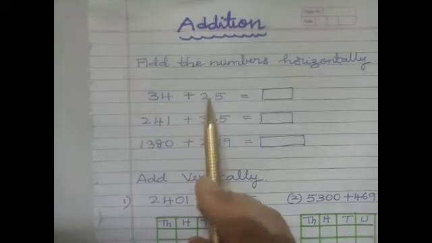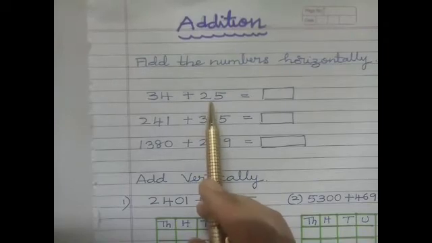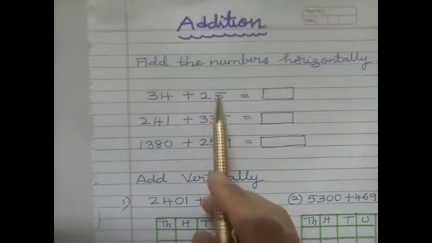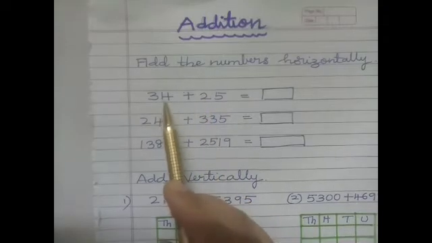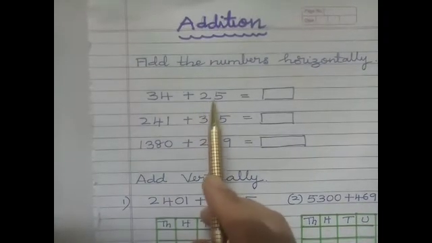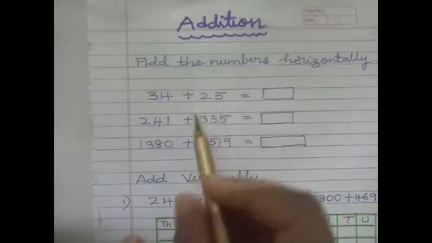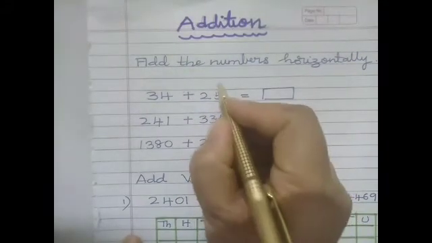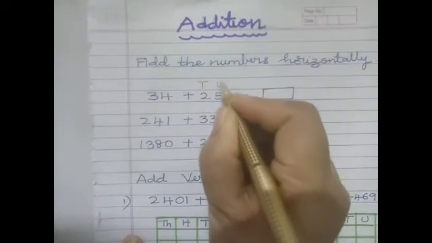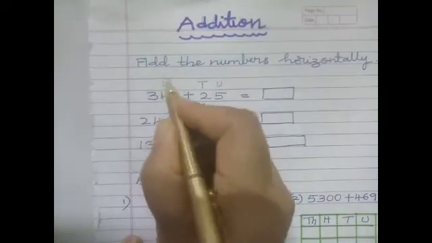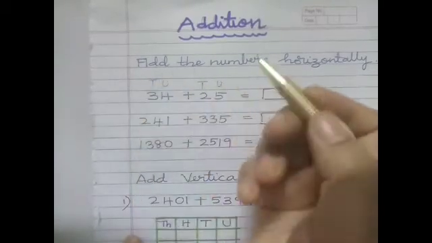So you know that while adding numbers, first we have to start with the units place, then tens. So here 2-digit numbers are given. So while adding horizontally, we have to write. So this is units place, this is tens place, this is units, and this is tens.